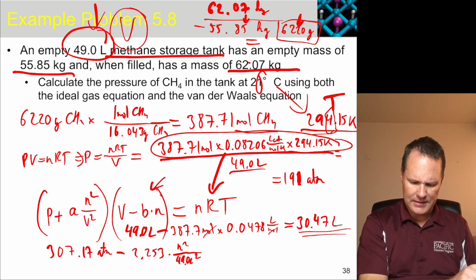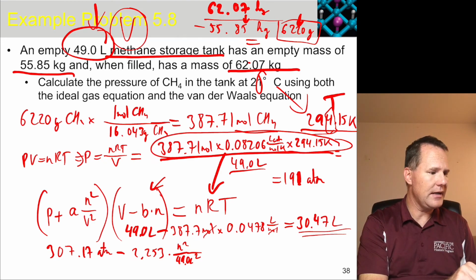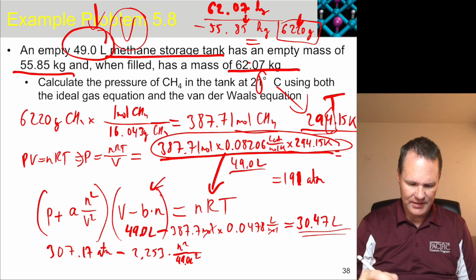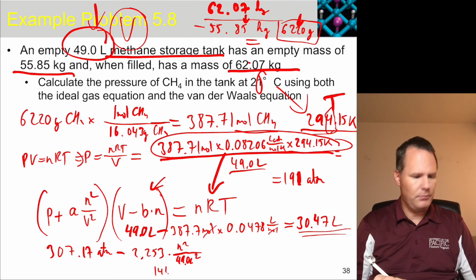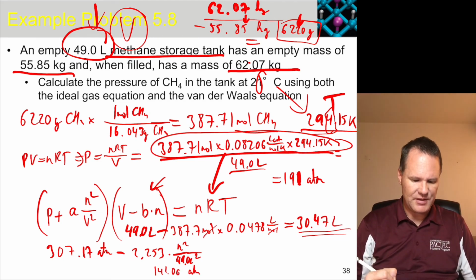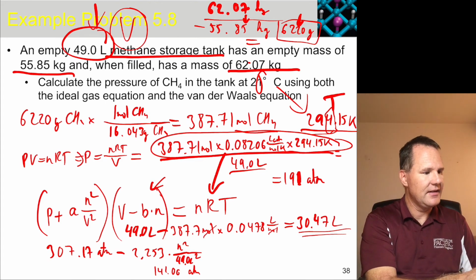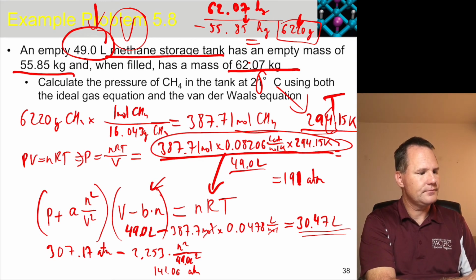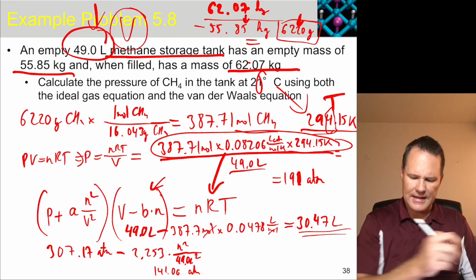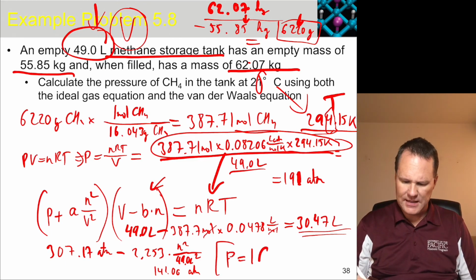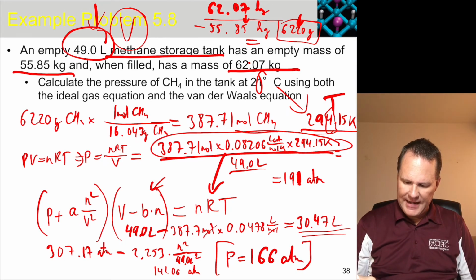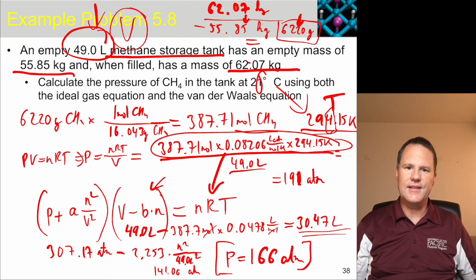So I'm squaring the n over V and multiplying it by 2.253, and then the correction I have is 141.06 atmospheres. And if I subtract that from the calculated 307, then I get the pressure is 166 atmospheres.